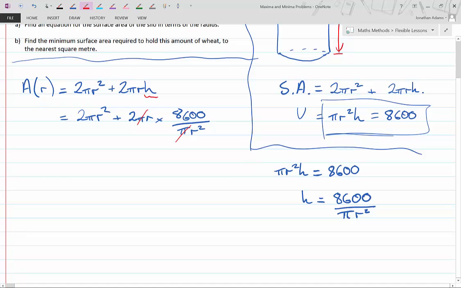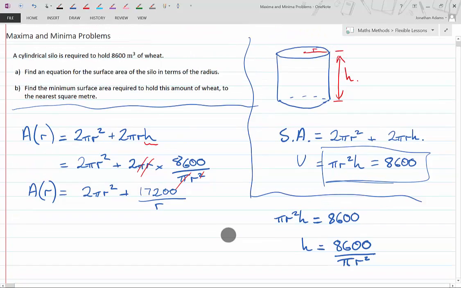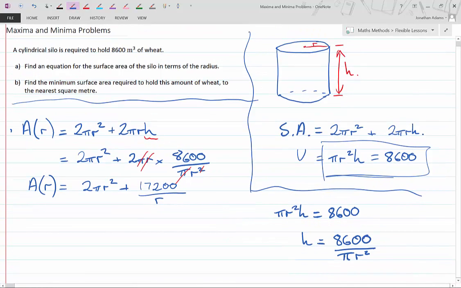The pi's cancel, which leaves something rational, and one of the r's cancels. I'm left with 2 pi r squared plus 2 lots of 8,600, that's 17,200, divided by r. So that is my surface area function in terms of r, and that is part A of this question.